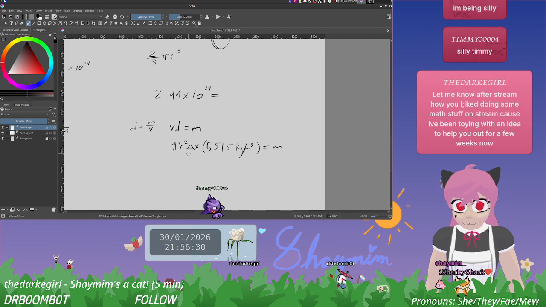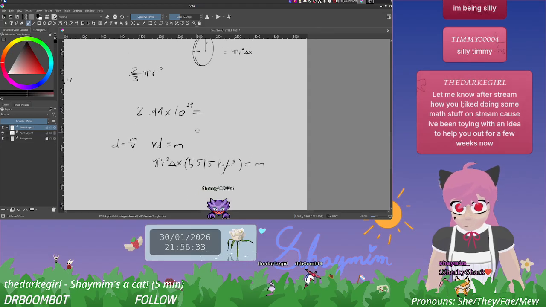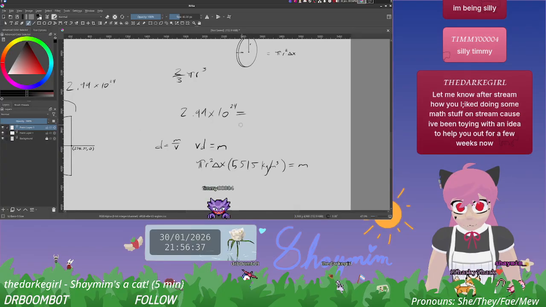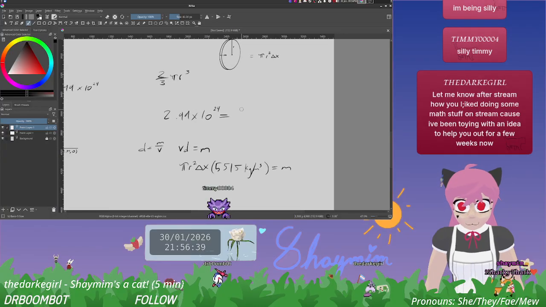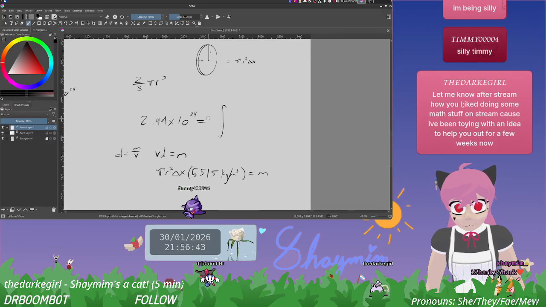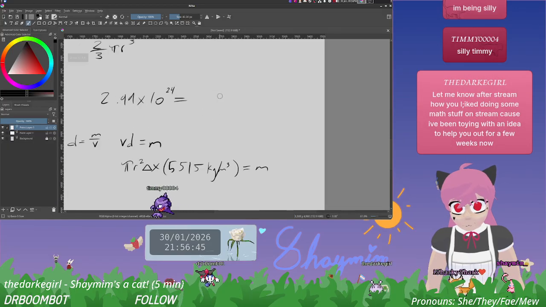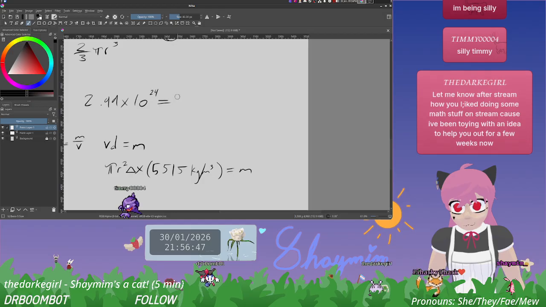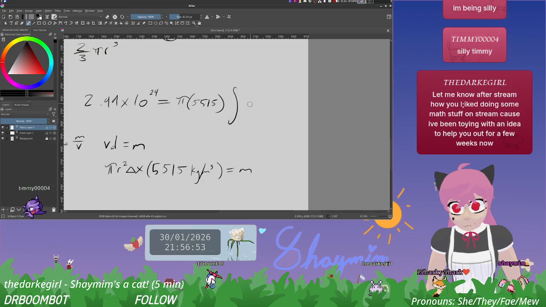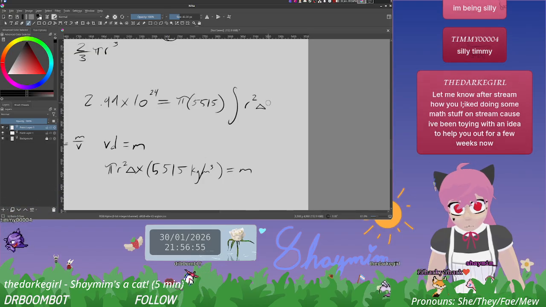Okay. So now we have... hang on, we have the integral we're after basically. 5,515 r squared delta x.